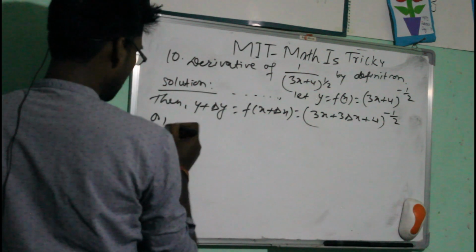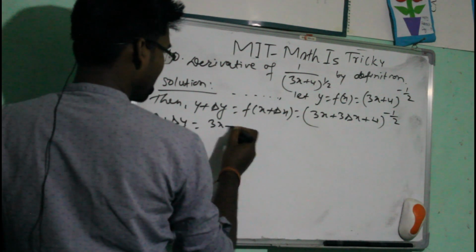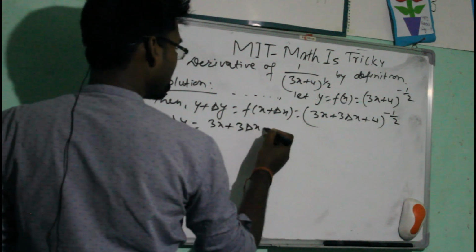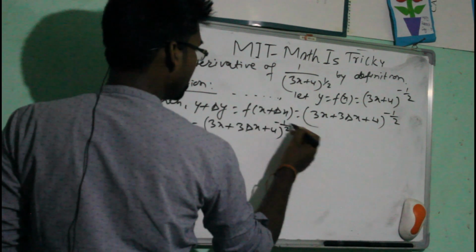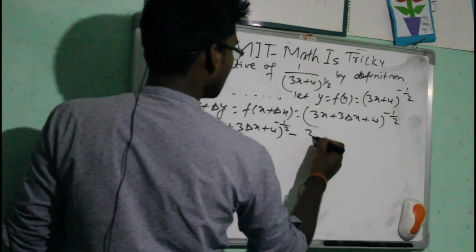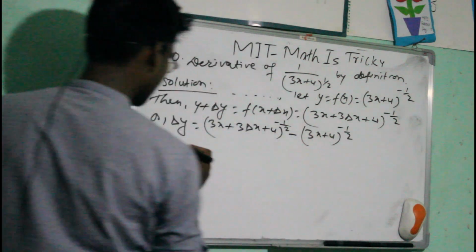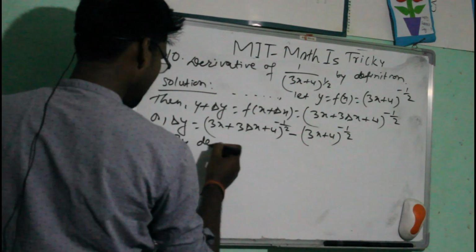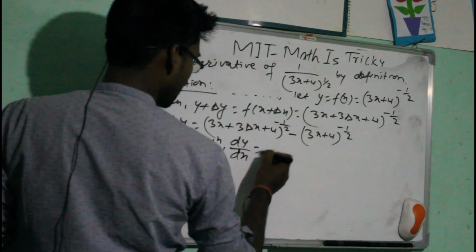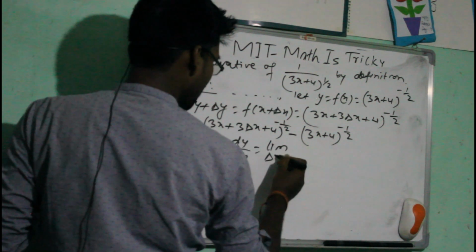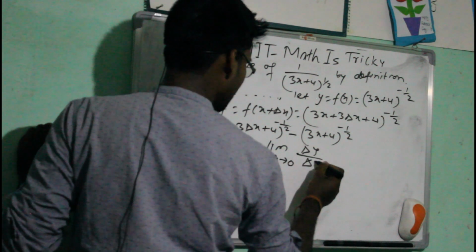Then let's find the value of delta y. It will be simply (3x plus 3 delta x plus 4) to the power minus 1 by 2 minus (3x plus 4) power minus 1 by 2. By definition, dy by dx equals limit delta x tends to 0, delta y by delta x.